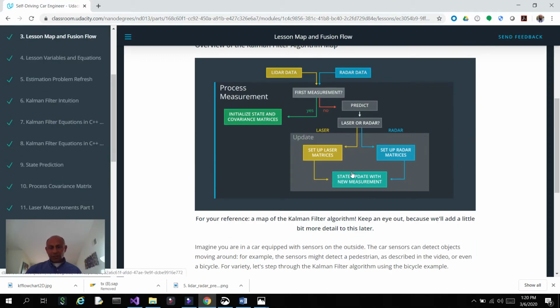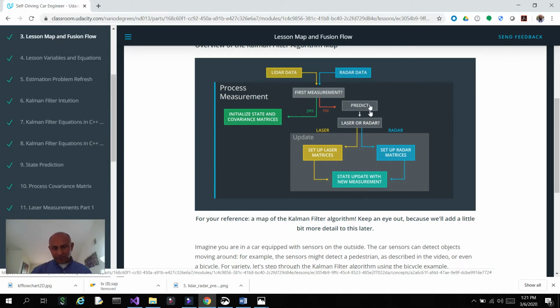So you see over here we have, like I said, it's also an exercise in sensor fusion. So we have Lidar data, we have radar data. Measurement comes in. First you initialize the state and covariance matrix. So your state is position and velocity in x, y dimension, let's say, and covariance is like I said, variance on the diagonals and then covariance on the off diagonal.